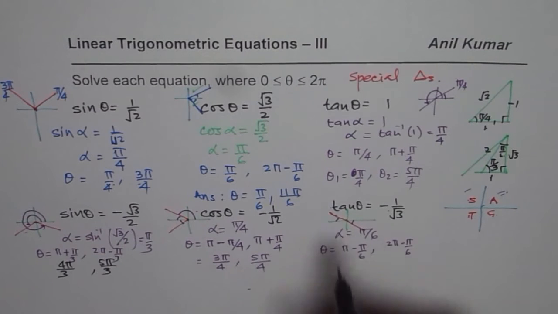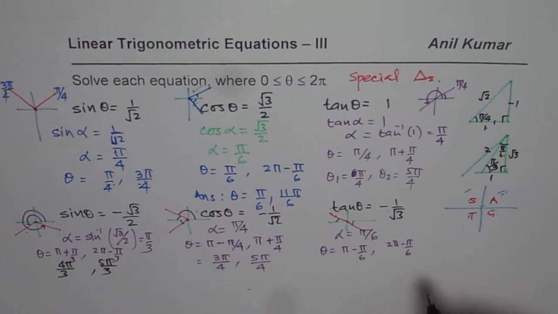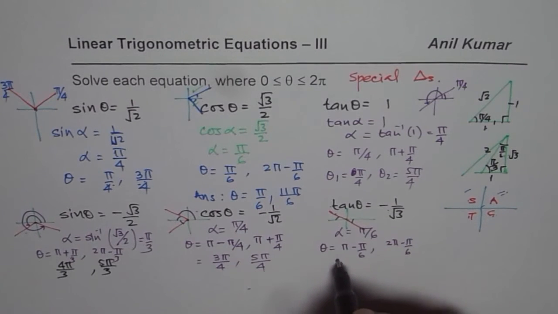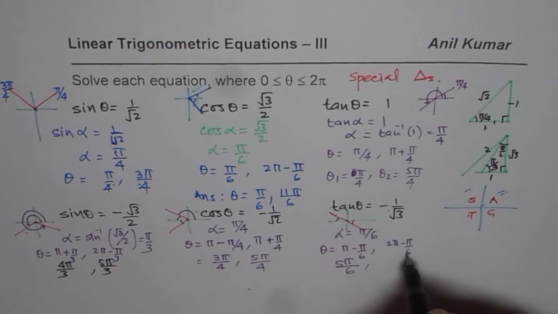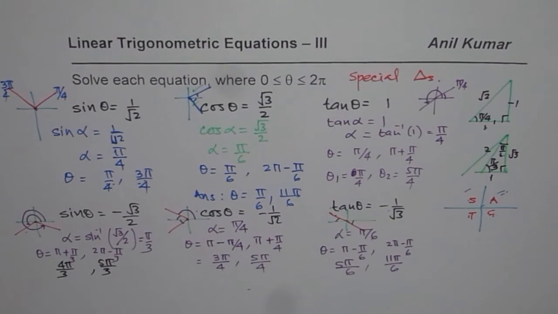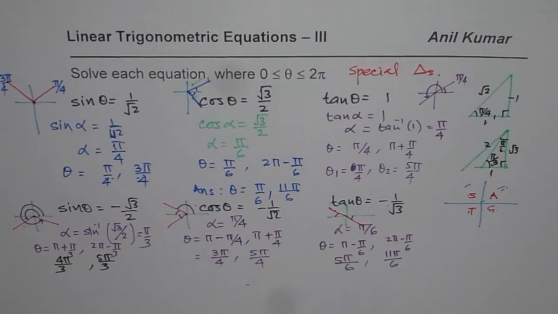You get the idea, right? So pi minus pi by 6 is 5 pi by 6. So we'll write here 5 pi by 6 and the other one is 12 minus 1, so 11 pi by 6. So that is how you get the answer for tan theta equals minus 1 over square root 3.